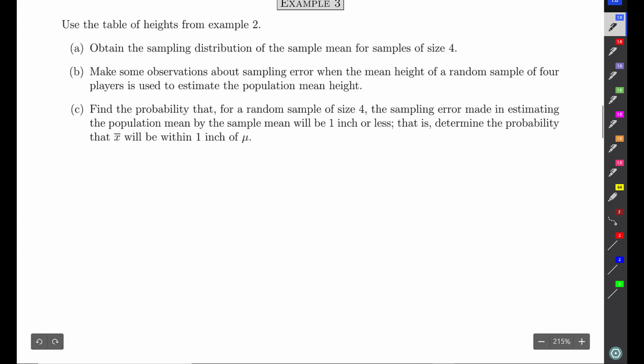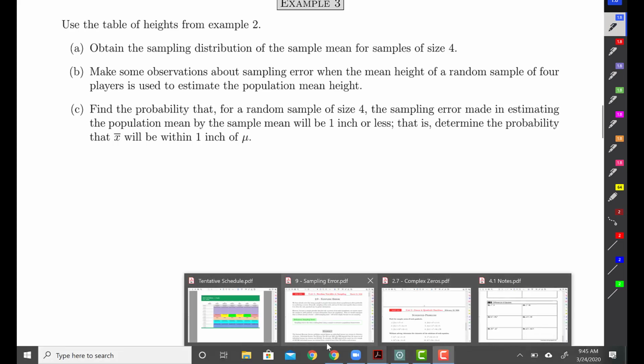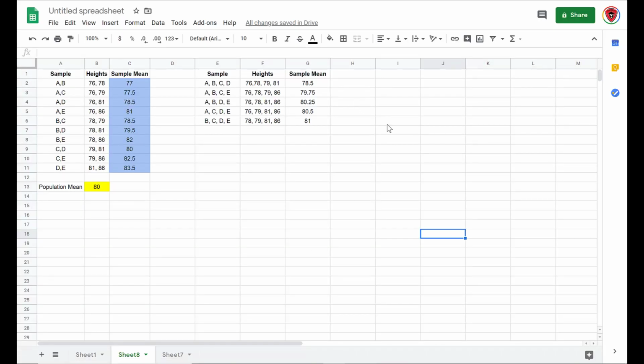So we're going to go back to the chart, and I have already added these in. Here in column E, we have all the possible samples of size 4, and in column F, I have their heights listed. And in column G, we have the sample mean from each one of those samples.